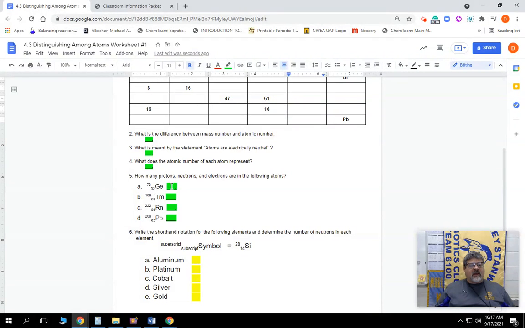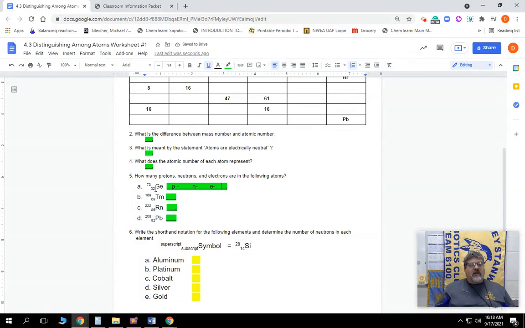When we get down to this one right here, we want to know how many protons, neutrons, and electrons. So you can just put down protons, neutrons, and electrons. What you're going to do is look at these numbers right here.